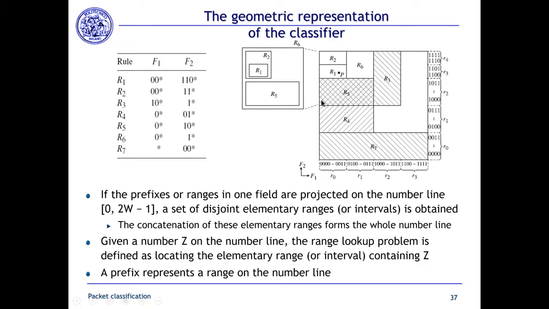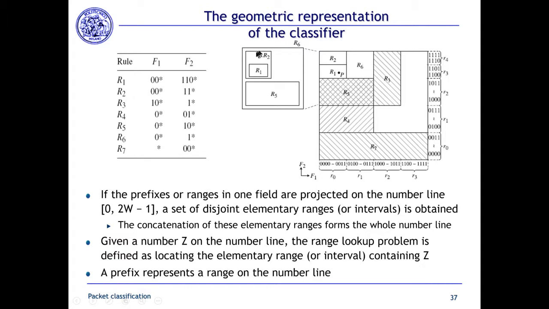Also, 0 means all this interval here on the F1 axis, which is the horizontal one, and 1 means this interval on the vertical axis. Then rule 6 is 0 and 1, so it means this big square here.